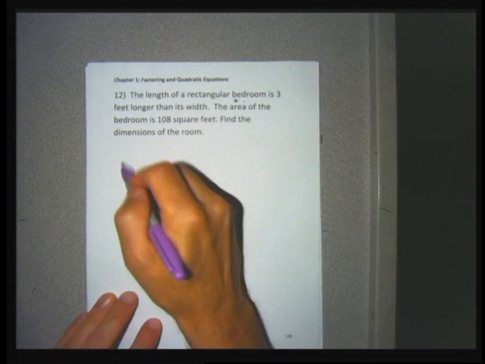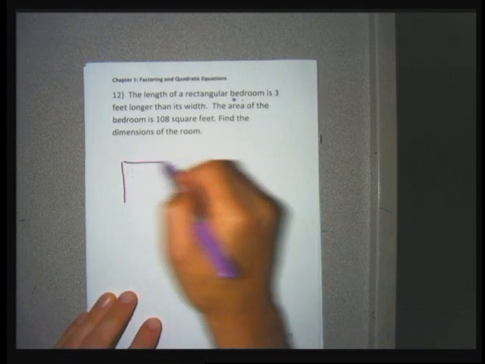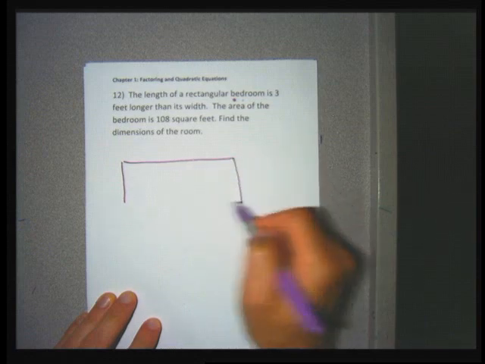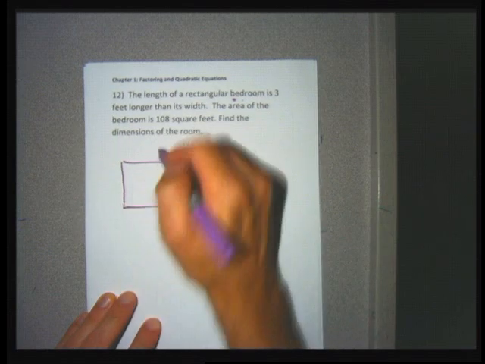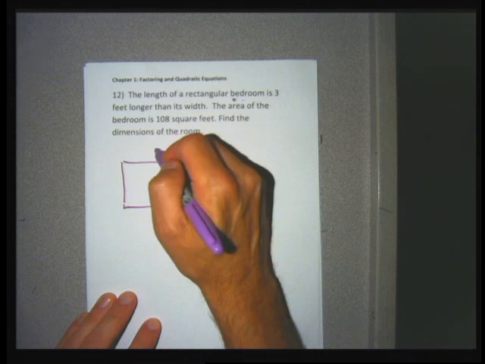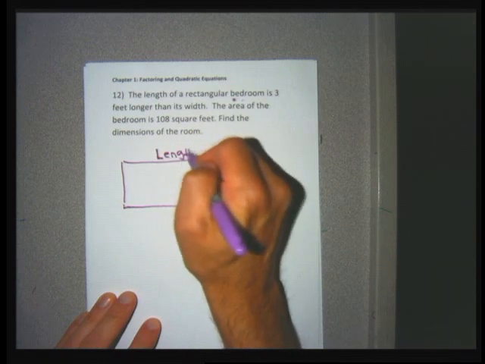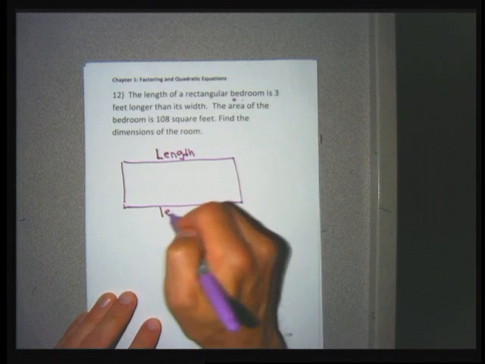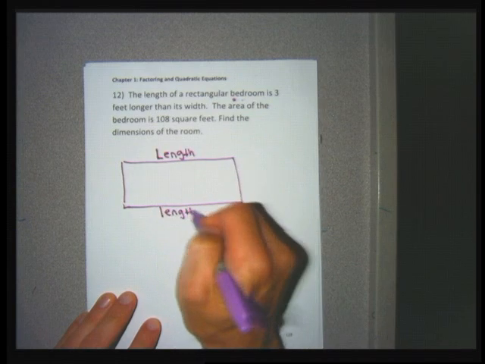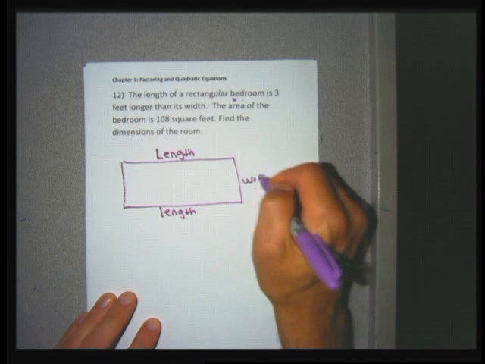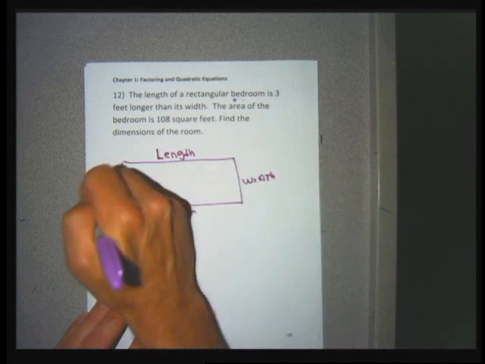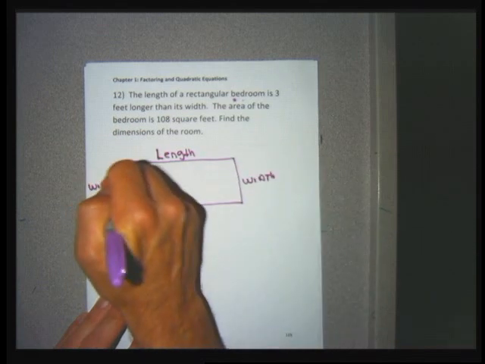So just in general, a generic rectangle that I might draw has 4 sides, and the sides that are longer I call lengths, and the sides that are shorter I call widths.